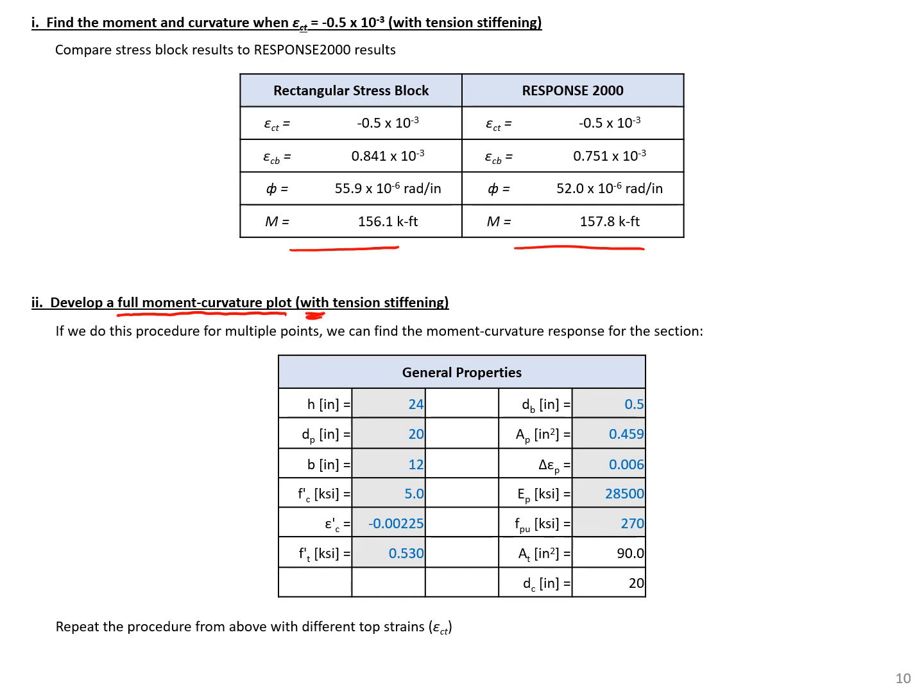You can see here the inputs that I have for my spreadsheet that I'll show on the next slide. We have a few additional terms that we'll need: the diameter of our strands, the area of our tension stiffening region, and the centroid of our tension stiffening region that I include in the general properties.